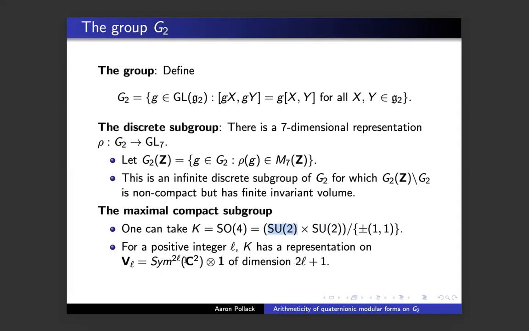In other words, I take the standard representation of SU2 on C2, I take its 2L-th symmetric power, and that's of course dimension 2L plus 1, and this gives me a representation of SO4, or K. I've called this representation V sub L. So V sub L is an irreducible, complex, 2L plus 1 dimensional representation of the maximal compact subgroup K.